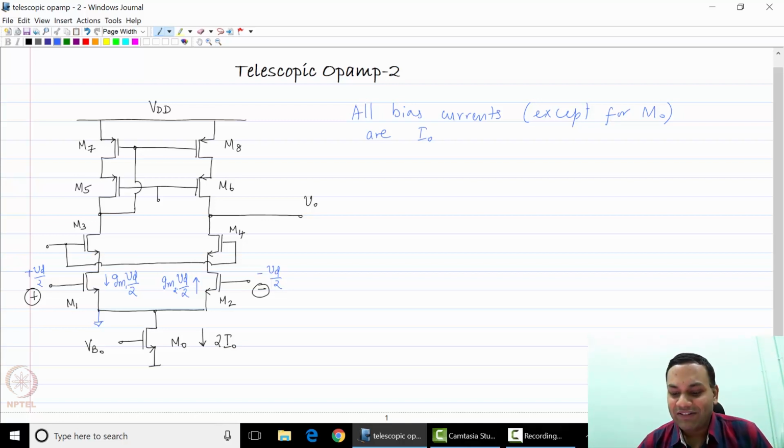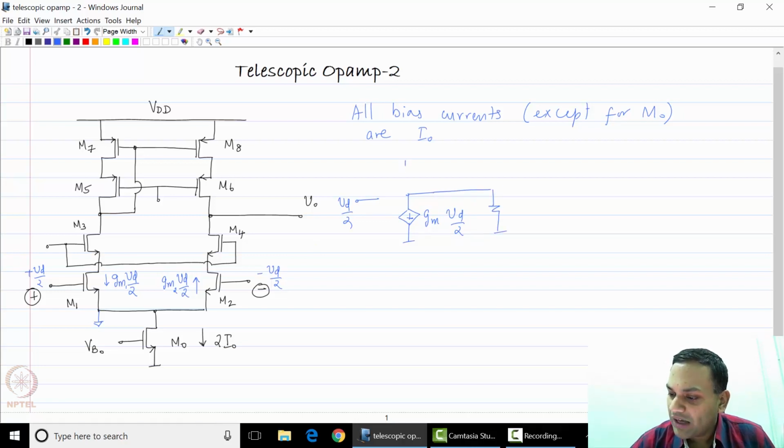So let us look at the current through the left half. This current has two paths to flow. One is through the resistance of M1 itself. I am looking only at transistor M1, with current Gm times Vd by 2. So this current can flow through two paths. The first path is through RDS1 itself.